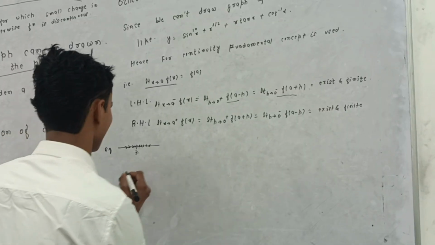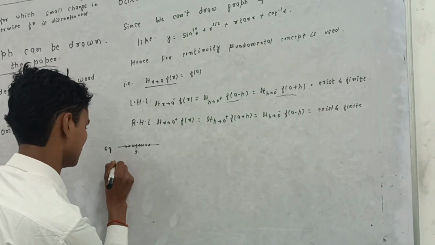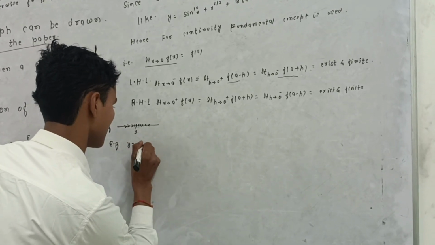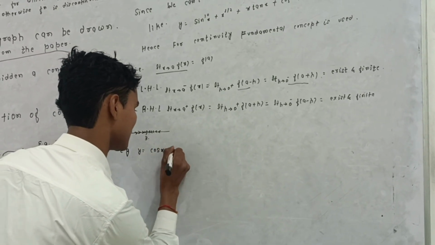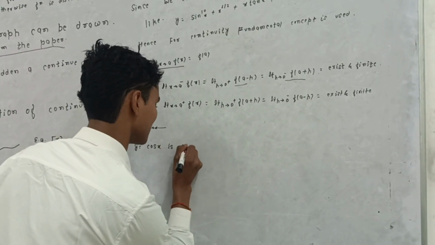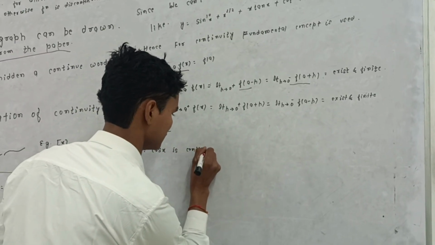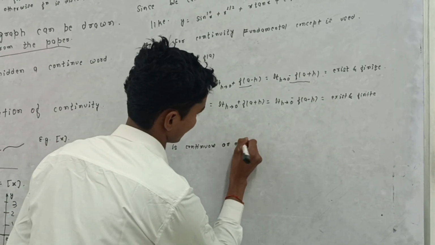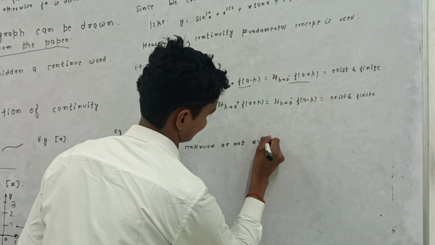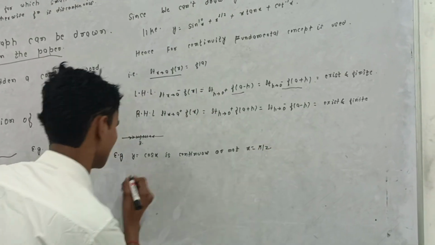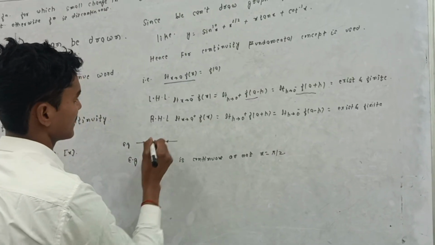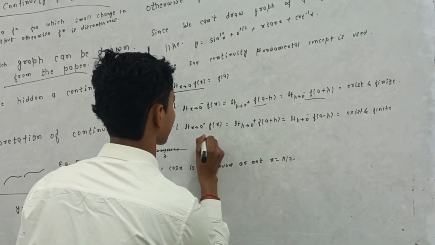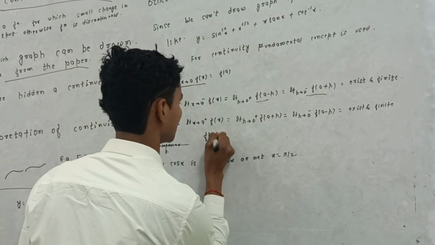Now take examples. Is y is equal to cos x continuous or not at x is equal to pi by 2? First we check the functional value f(a).